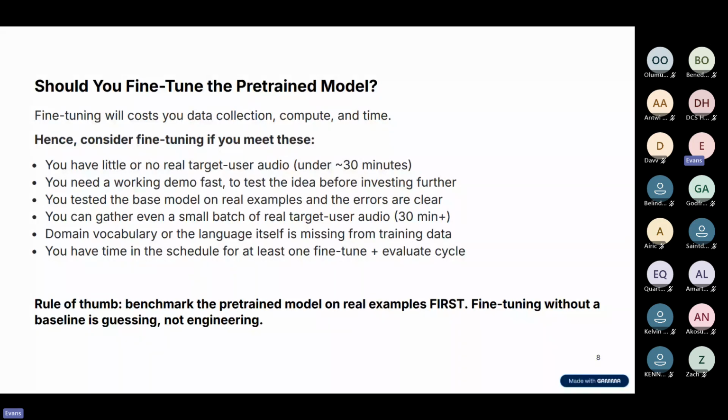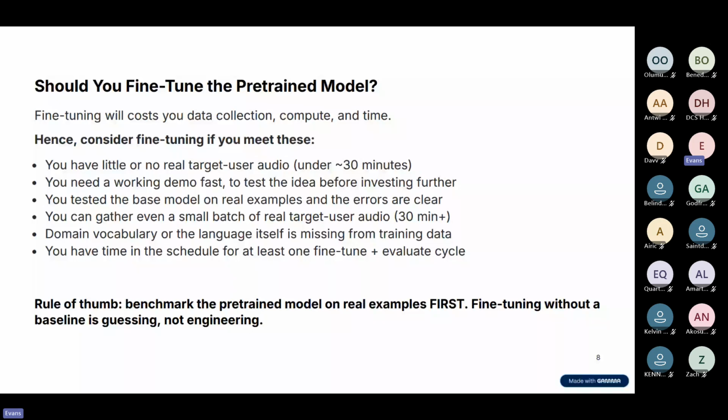So if you have a pre-trained model, and there are lots of pre-trained models out there, should you fine-tune them or should you leave it like that? But you should also know fine-tuning will cost you data collection, compute, and time, right? You should factor that in your time frame for the hackathon.